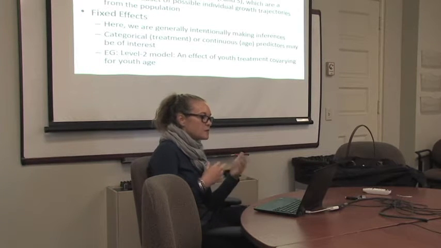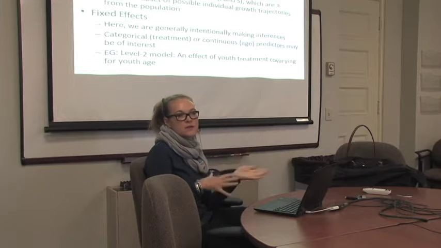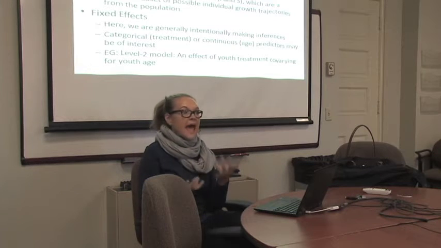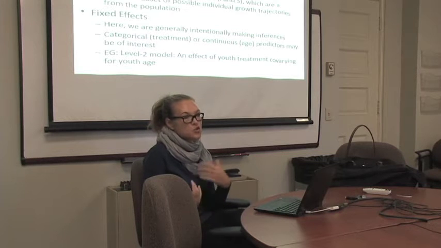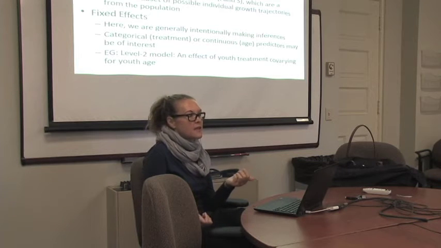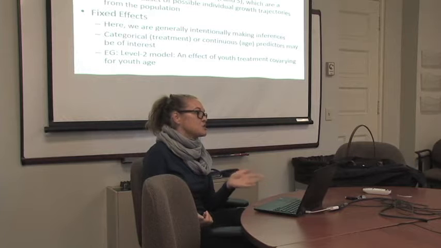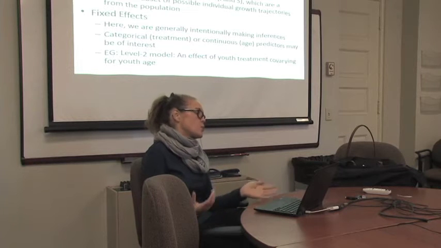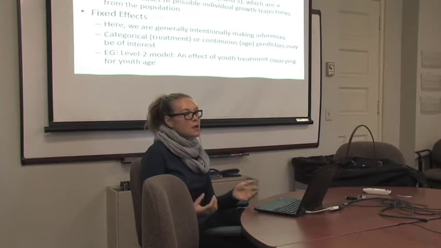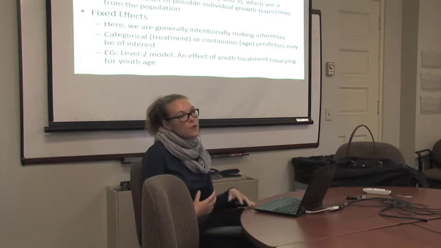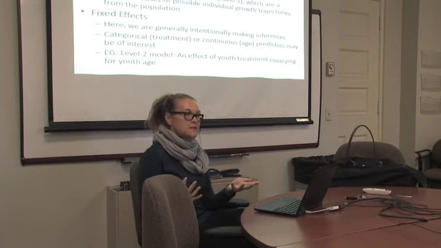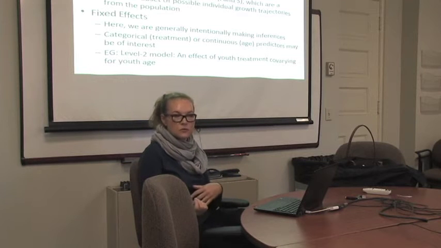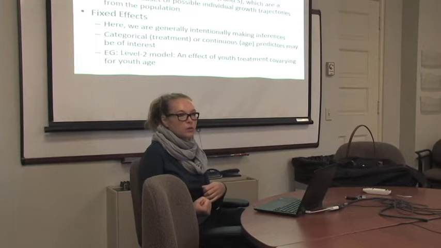For example, a level 2 question could be, what is the effect of an adolescent deviancy treatment covarying for age? So you might have a thought that the age when you receive treatment is important to the treatment effect, in the sense that you would want to control for it, or even include an interaction term and see if it's better for young adolescents versus older adolescents.